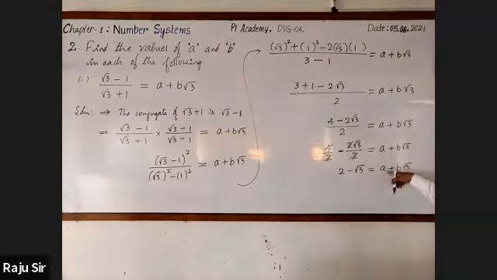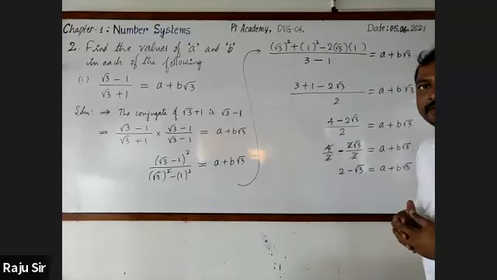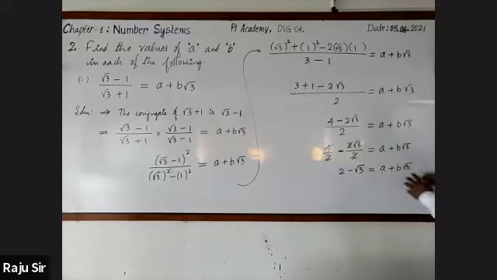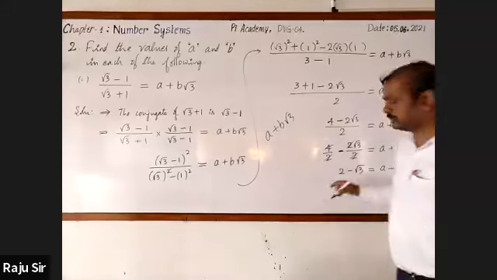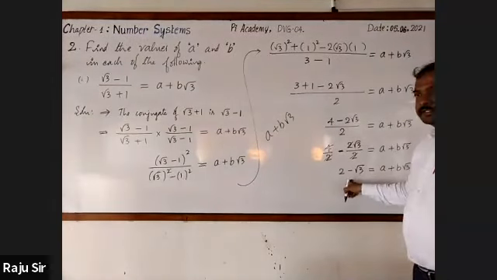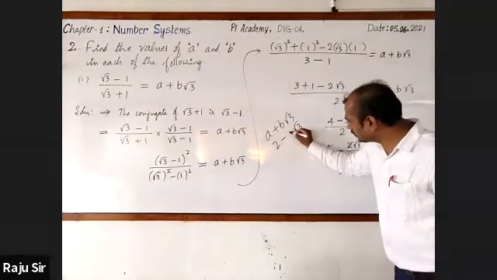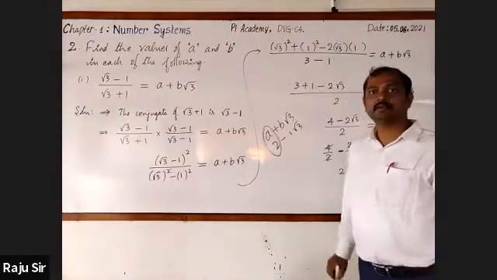observe. We are going to find out the values of A and B. Shamita, observe here, don't write. To find the values of A and B, you have to compare the coefficients. A plus B into root 3 is equal to 2 minus root 3. Where nothing is written, it means 1. Could you tell what is in place of A? 2.